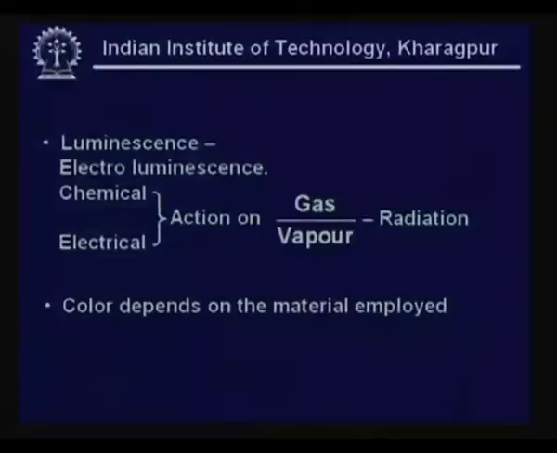It produces light of a particular color. Now, this color depends on the material employed, and therefore, on a spectrum, if you try drawing the wavelength vis-a-vis the radiation output, you find that it is not continuous over the entire visible zone, but is discontinuous and is known to produce what we call a line spectrum or line bands.